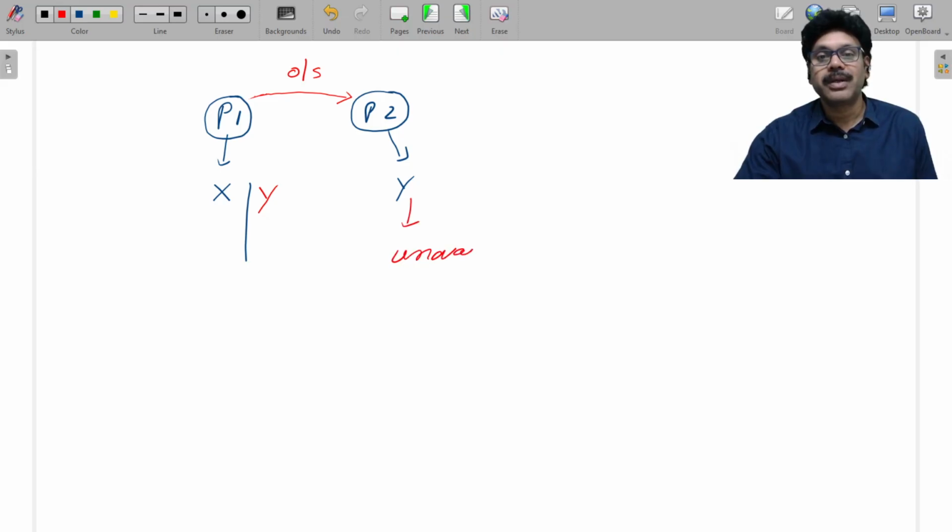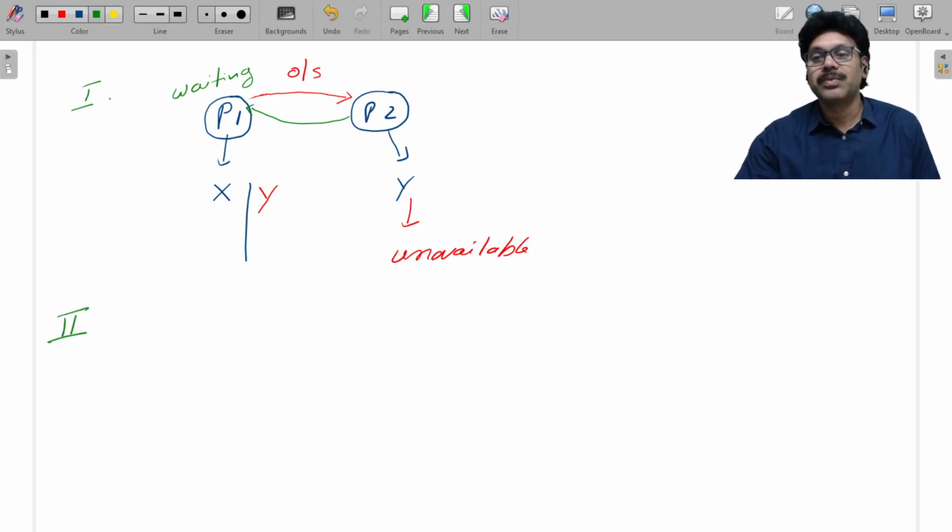Immediately the OS comes to know that it is already held by P2, so it responds to P1 that you have to wait. This is scenario 1.